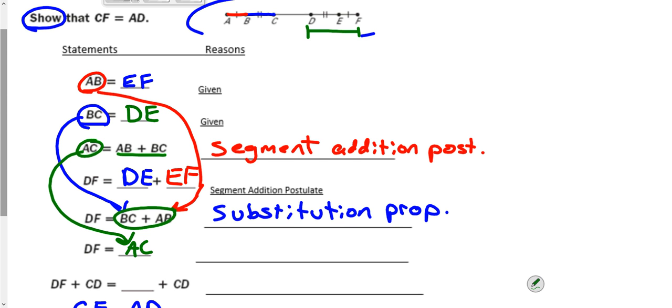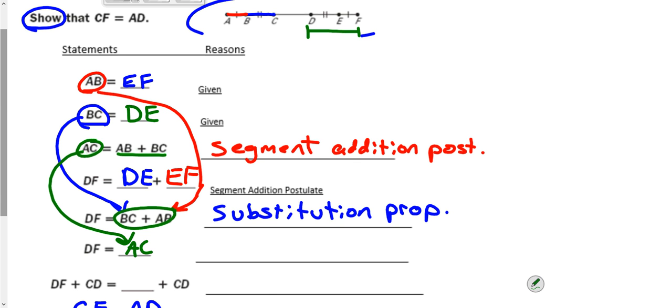So that should be our blank there. Now what property is it when you say, let's just use variables here, if x equals y and y equals z, then x equals z.